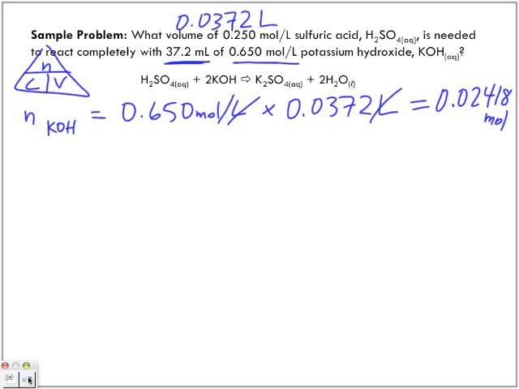So hopefully that's what you guys got. Now, that's what we have here. So let me just put it in here, we've got 0.02418 moles of potassium hydroxide. So what I want is to find the number of moles of sulfuric acid that are reacting with it.